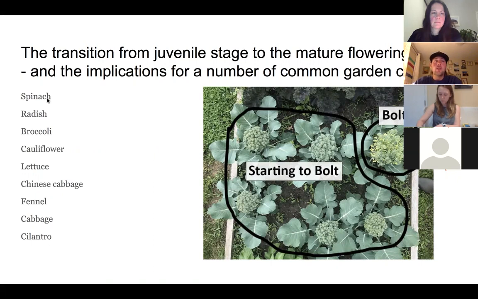When they start to move from this vegetative juvenile state to the mature generative state, what you'll see is the main stem will all of a sudden grow up really quickly. They'll be kind of low growing, and then all of a sudden you'll be in the garden and notice that they've jumped up several centimeters.